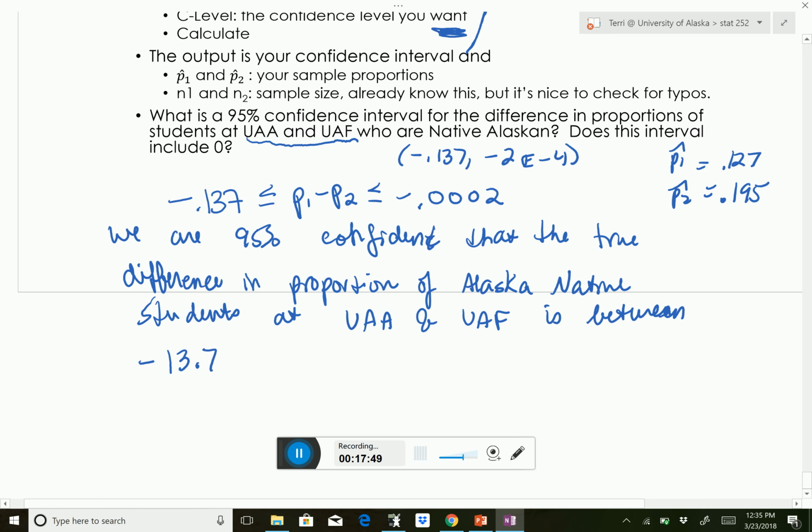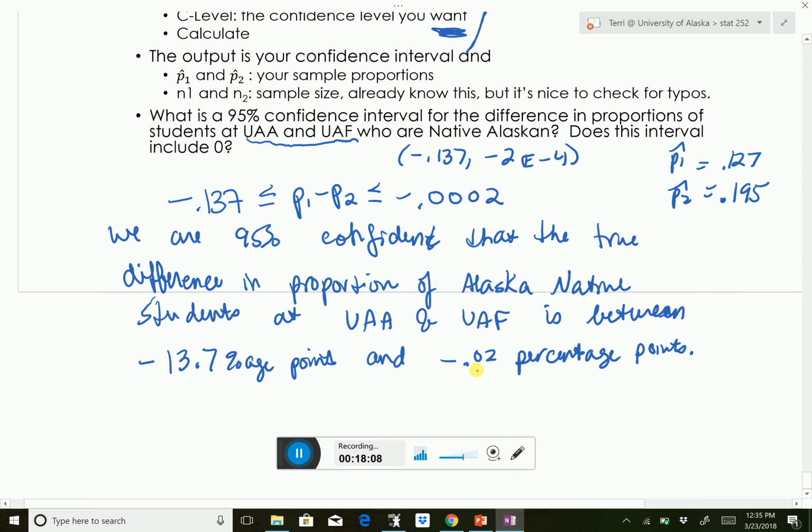I don't like that. Percentage points, if you want to say it that way. And -0.02% points. So there may be just a little tiny bit of difference.